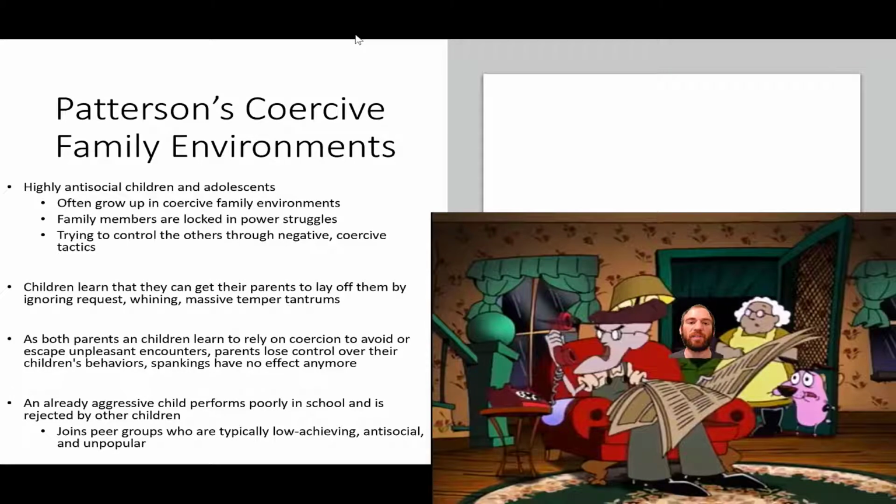And thus, again, as I stated, they rely on negative, coercive, heavy, often corporal punishment. And children learn that in order to get their attention, or just get their parents off their back, because it's such a toxic family environment, they can throw massive temper tantrums to get their own way, or just ignore their parents' or caregivers' requests.